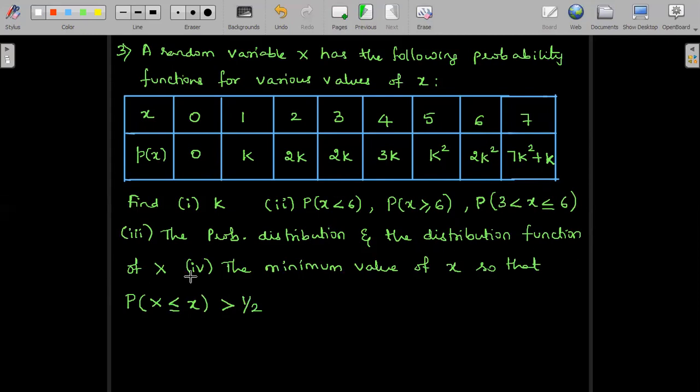Distribution function of x means cumulative distribution function of x. And the last part is to find the minimum value of x with the given condition that the probability of the random variable x being less than or equal to small x is greater than half. So let's see the solution one by one.